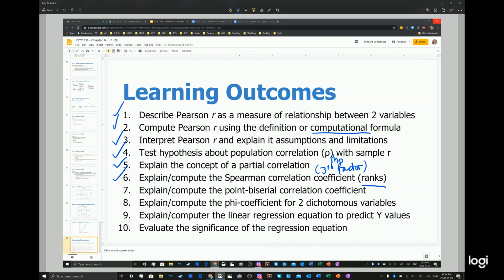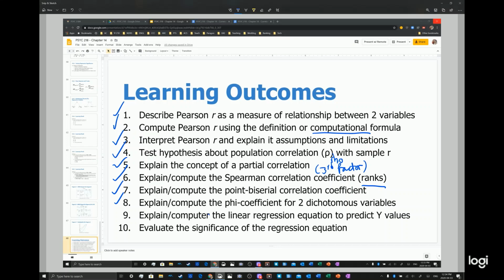We have explored other types of data, other scales, and what correlation coefficients we use. That is biserial for two different groups measuring the same variable, or your phi coefficient when we measure two dichotomous variables. It could be yes, no, pass, fail, and so on.